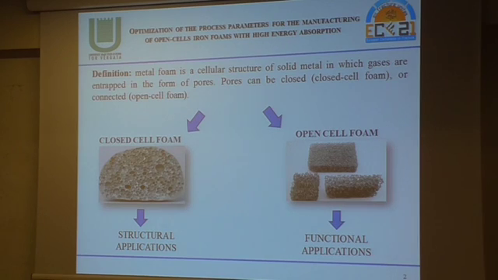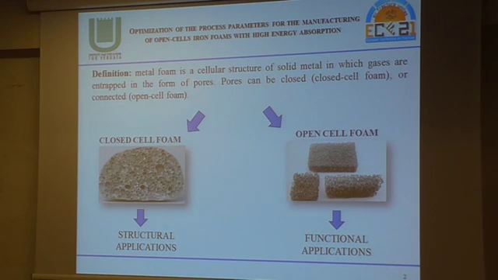So just a definition of what is a metal foam. A foam is a cellular structure of solid metal in which some gases are entrapped inside the foam support. So what is usually a defect in this case gives us some particular properties. Foams can be of many kinds, closed cells or open cells, so connected between them or not.